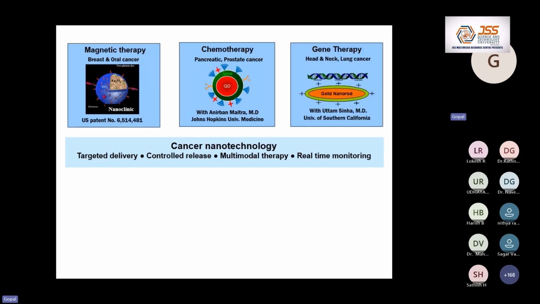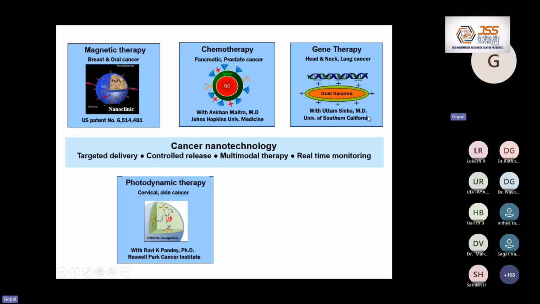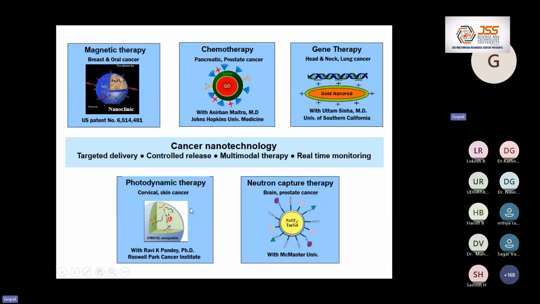Then gene therapy, this is the group that also has gold nanorods, and this is a quantum dot, all nanostructured materials. Then again photodynamic therapy, cervical and skin cancer techniques, and again, they're all patented techniques, published now. Then neutron capture therapy.